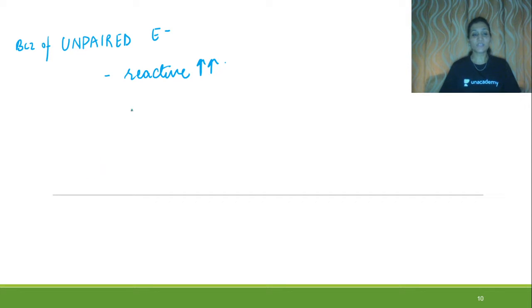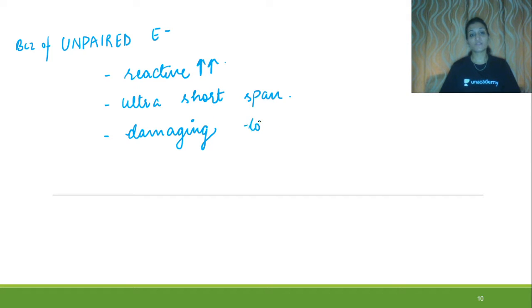And it causes the generation of new radicals which have an ultra short span, right? And with high reactivity and ultra short span, they are highly damaging to various tissues.